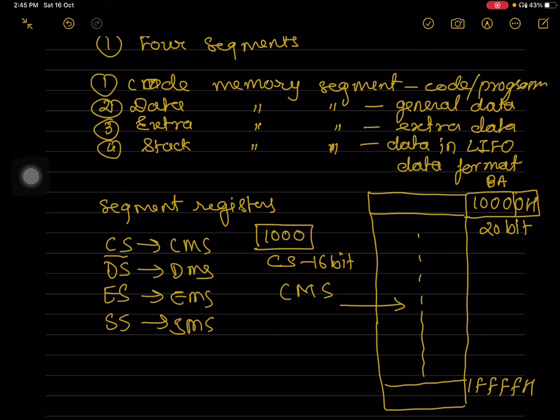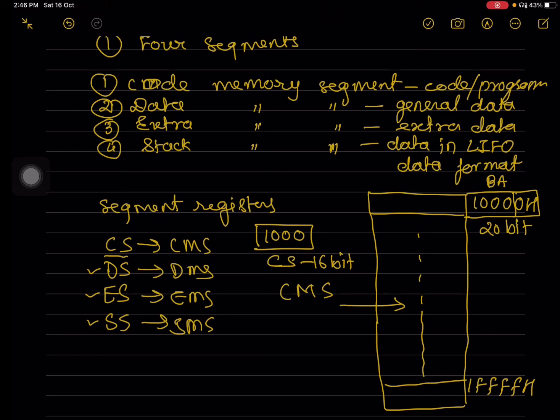In a similar manner, all other segment registers DS, ES and SS will save the base address of their corresponding memory segments. The base address is of 20 bits, but the registers will save the 16 MSBs only.